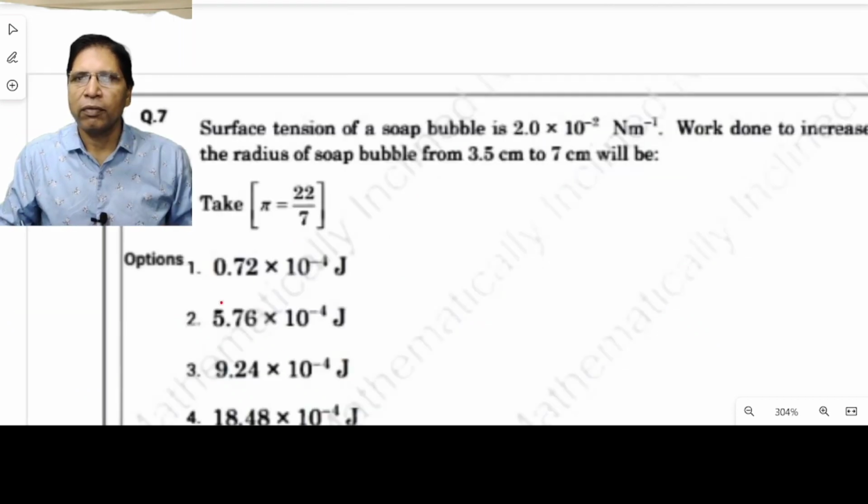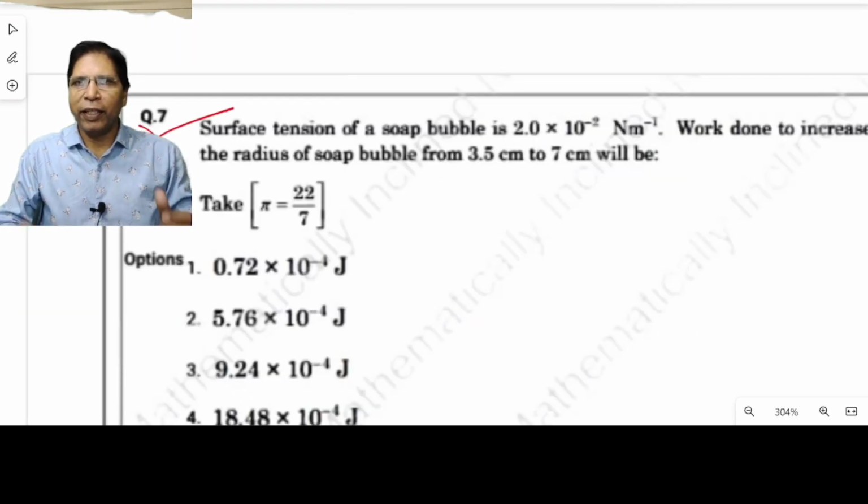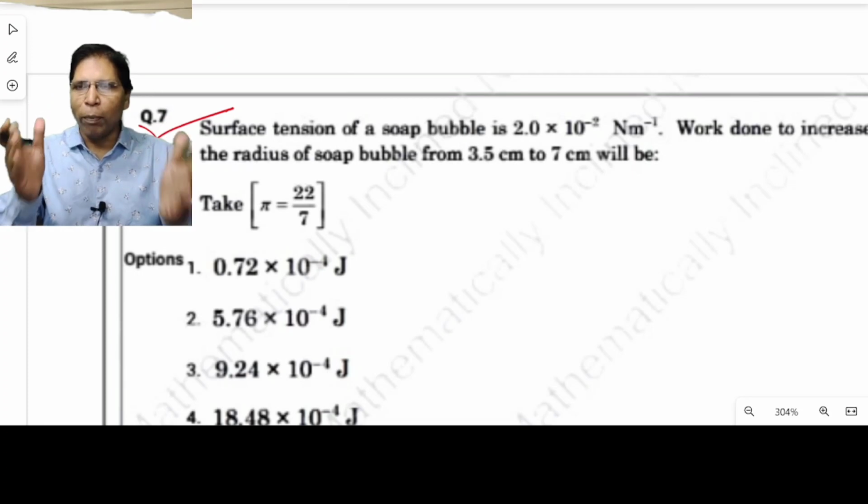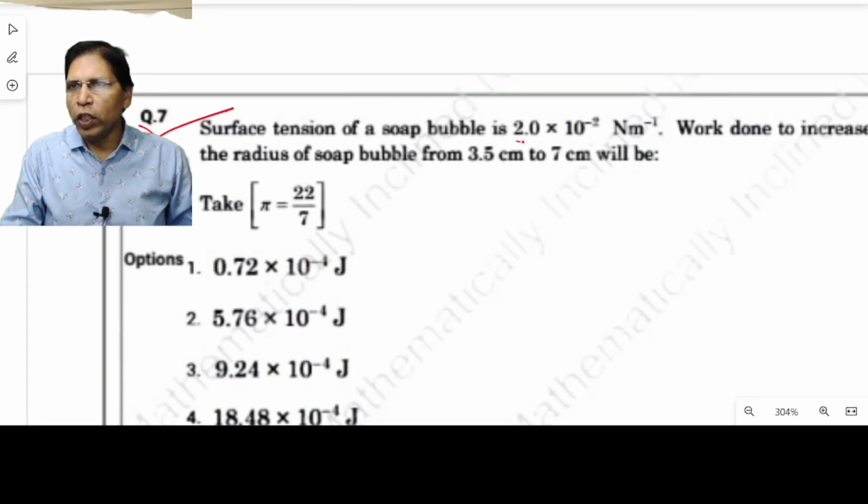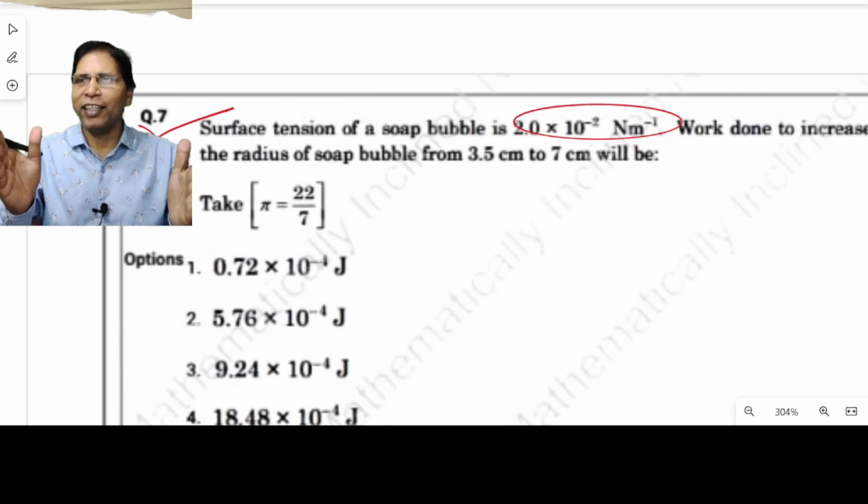Now question number 7. The surface tension of a soap bubble is 2 × 10⁻² N/m.